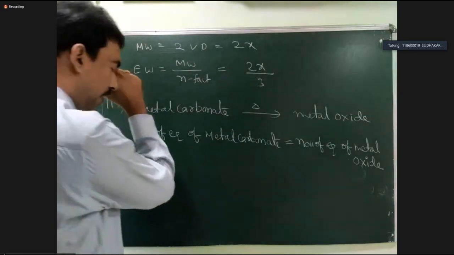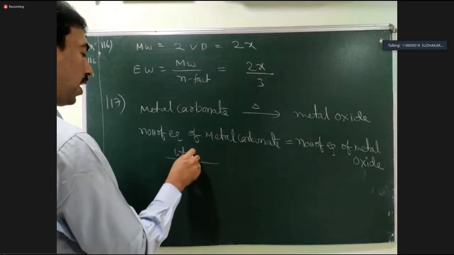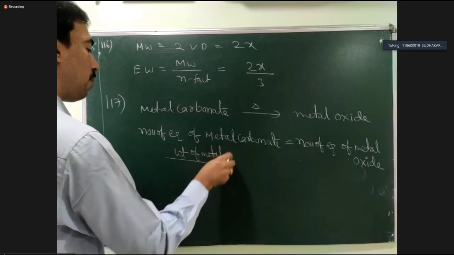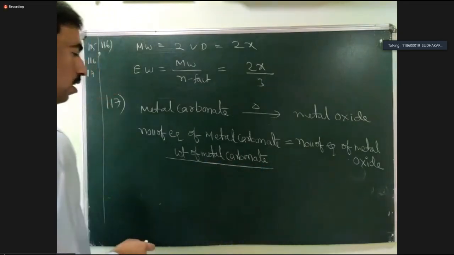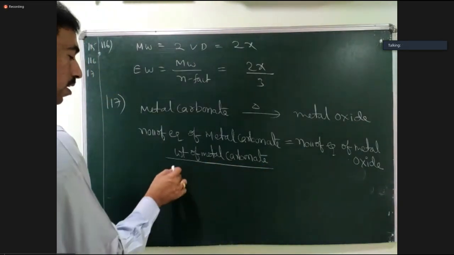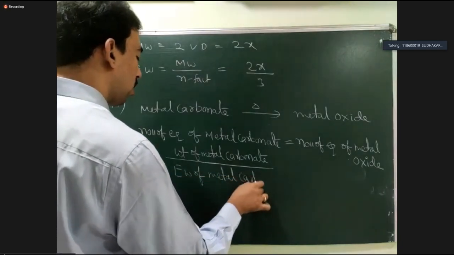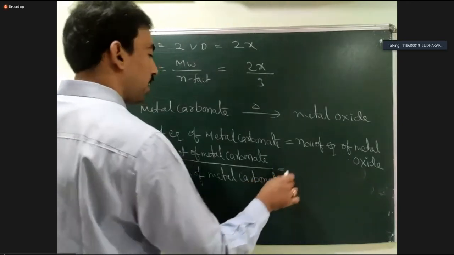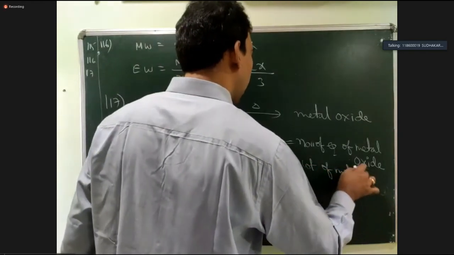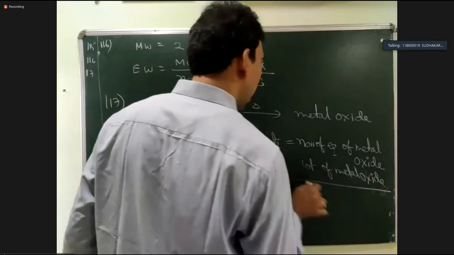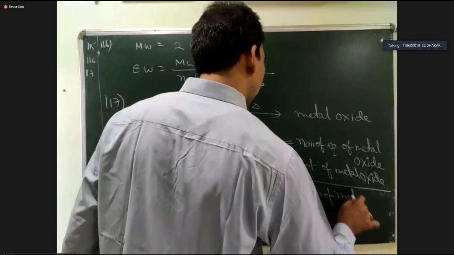Equivalents means weight by equivalent weight: weight of metal carbonate by equivalent weight of metal carbonate is equal to weight of metal oxide by equivalent weight of metal oxide.